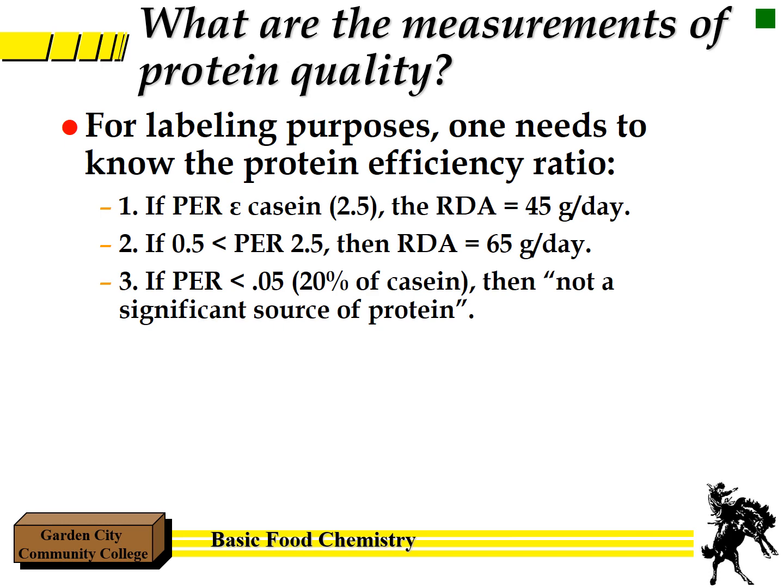If it is less than the protein efficiency ratio of 2.5, then the recommended daily allowance is 65 grams per day. So if the PER is less than 20% of casein, then it's not a significant source of protein. So it's all about what is the protein efficiency ratio compared to the recommended daily allowance for an individual.